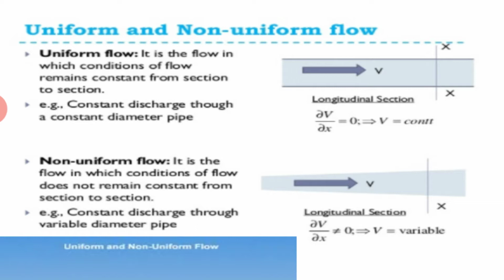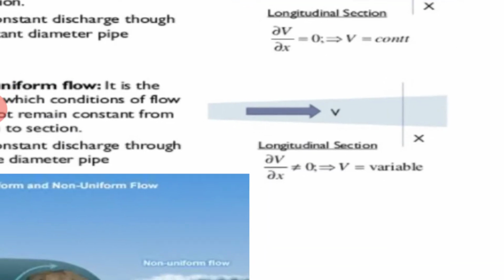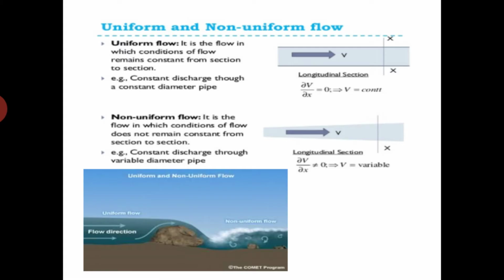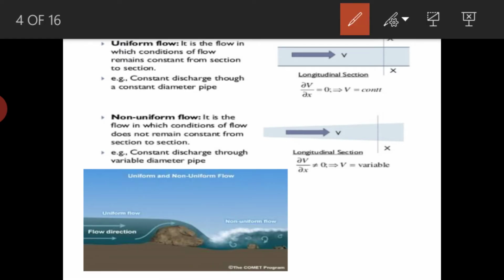And what do you mean by non-uniform flow? Non-uniform flow means it is the flow in which the condition of flow does not remain constant from section to section. Let us see this figure. Here, this is a varying duct, or you can call it a varying channel section.